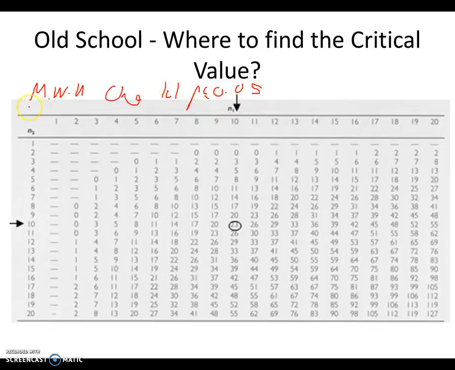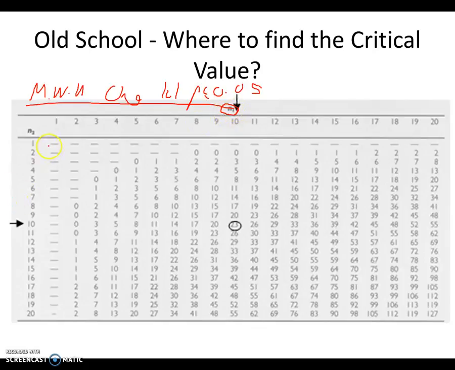Okay, that's the title that this page would have had. The next page might be Mann-Whitney U, two-tailed, p is less than 0.05. And the next page might have been Mann-Whitney U, one-tailed, p is equal to or less than 0.01. And the next page, two-tailed, p is less than 0.01. So it depends which table, which page you turn to in the book.